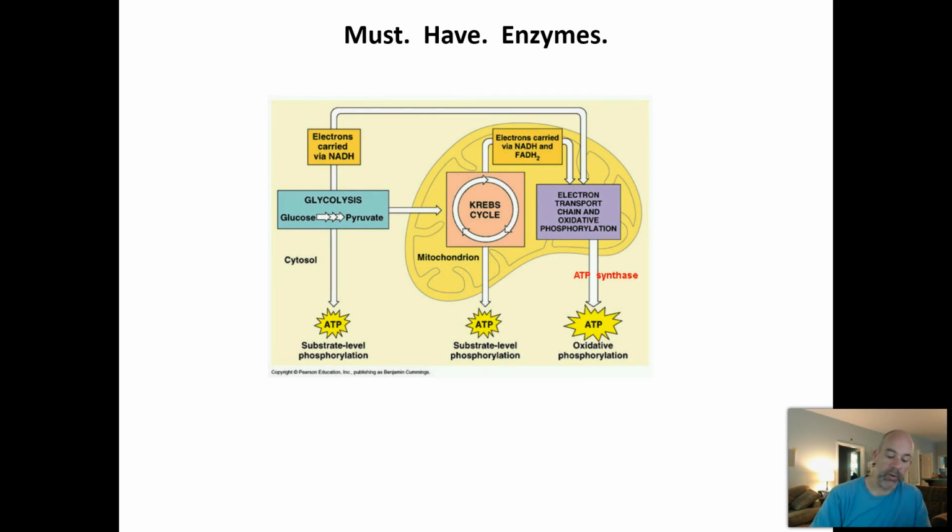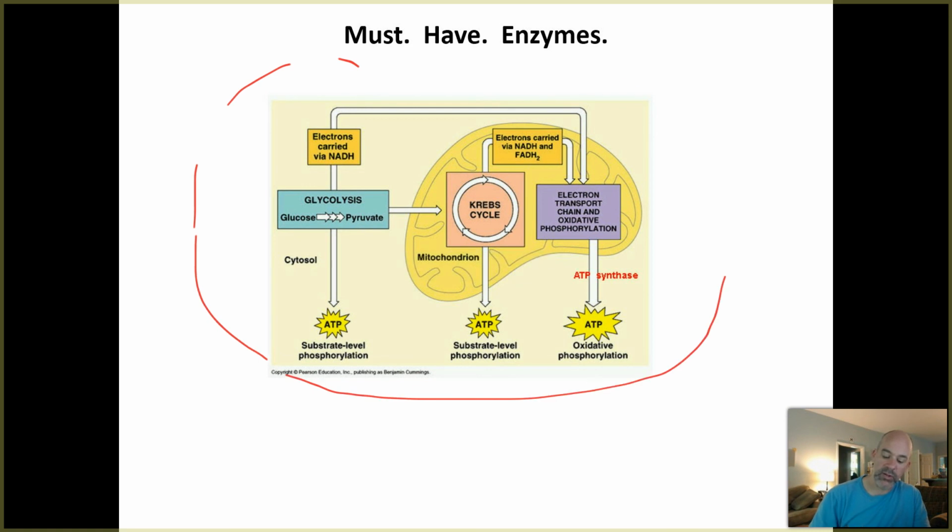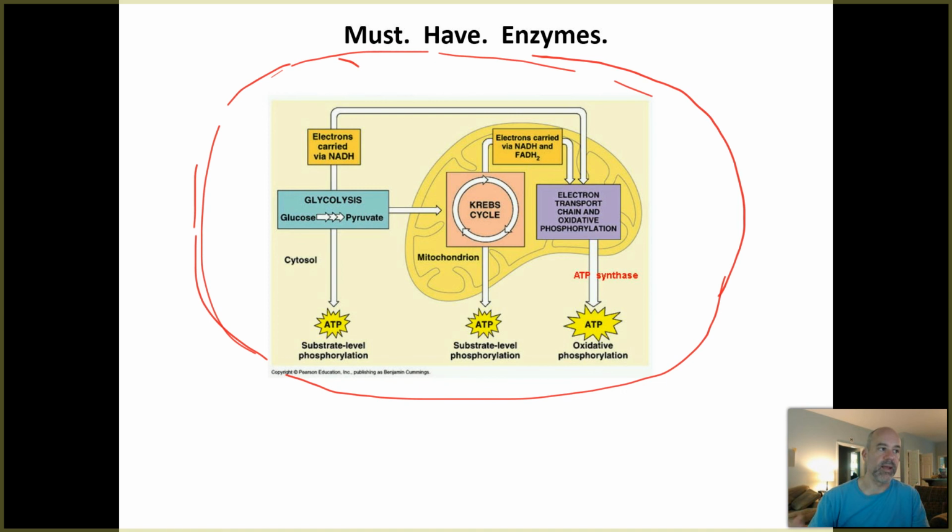And again, bringing back up our little cellular respiration diagram over here from the last video lecture, we talked about how cellular respiration has those three phases: glycolysis, Krebs cycle, electron transport chain. Each one of those involves many different enzymes. There are many different steps.